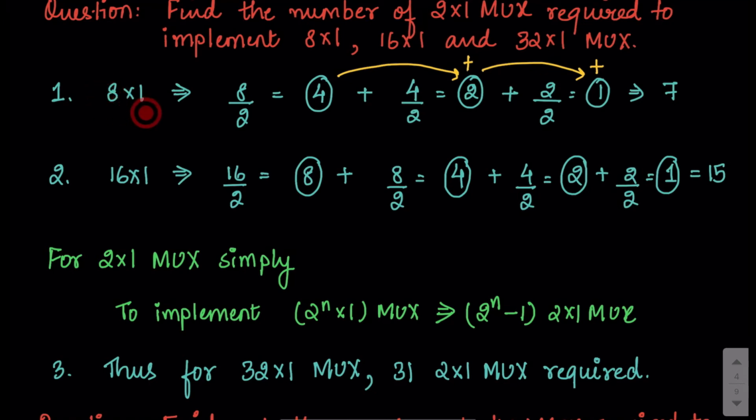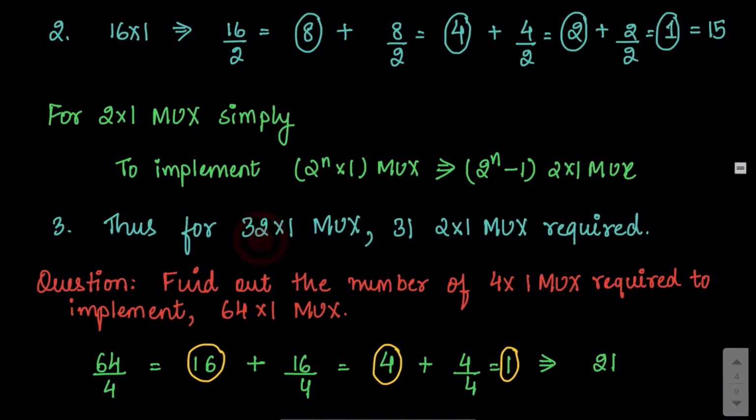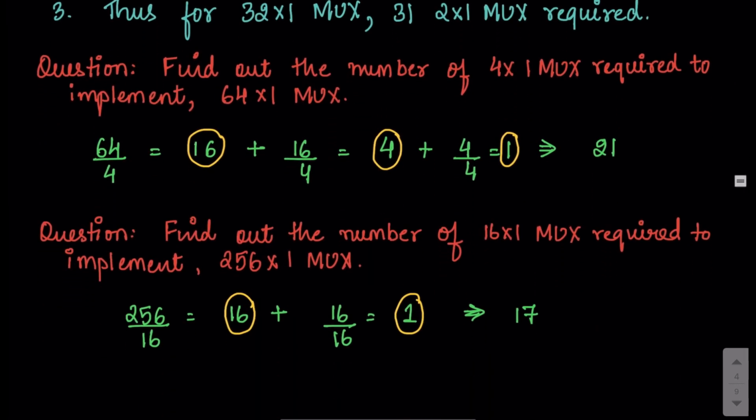So for 8 cross 1 you will require 7 2 cross 1 muxes. For 16 cross 1 you will require 15 2 cross 1 muxes, and in this way for 32 cross 1 mux to be implemented using 2 cross 1, you will just require 32 minus 1, that is 31. But this formula is only good for 2 cross 1 mux. For other types, you just need to do the divide procedure.